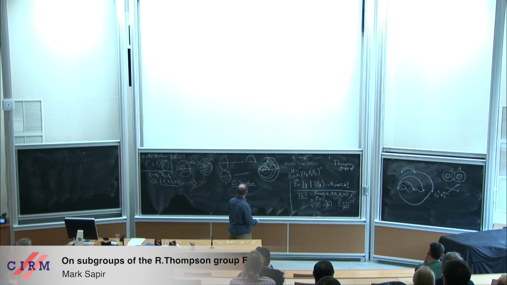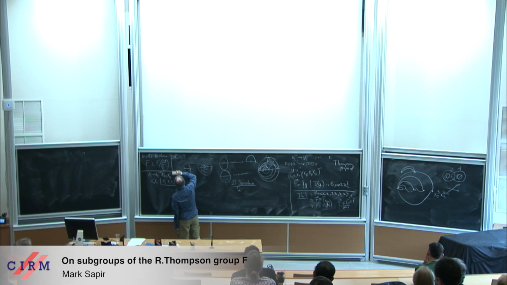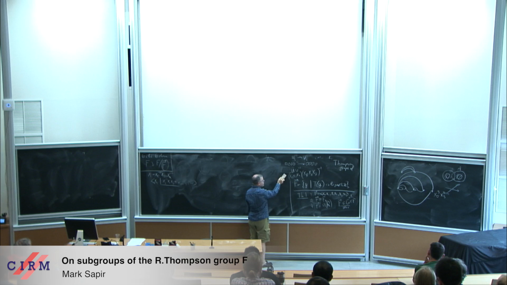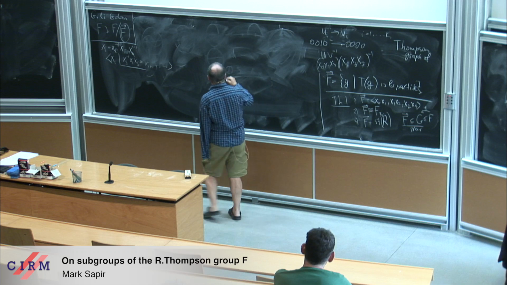So we wanted to find some other, maybe more natural answer. There must be many such subgroups of F which don't fix any point. So how do you do that? Basically you do the following thing.